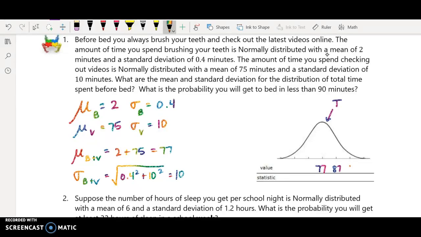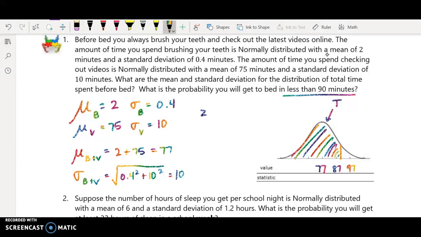So here's 87, 97, and we care about the probability to get to bed in less than 90 minutes. So 90 is approximately here, and I want less than, so I'm looking at the area to the left.